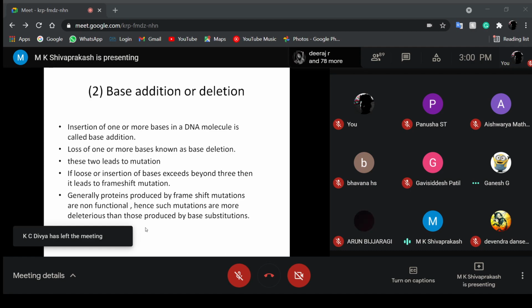So either addition or deletion, and as a result mutation occurs. If the loss or insertion of bases exceeds beyond 3, then it leads to frame shift mutation.